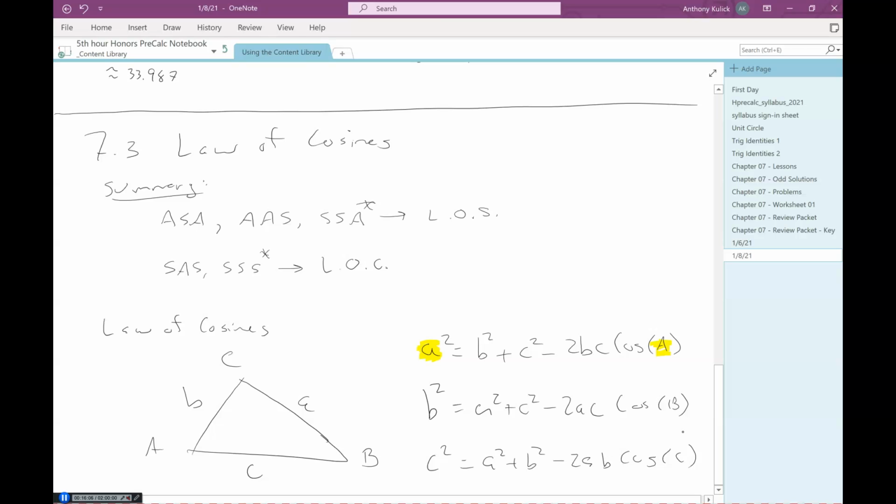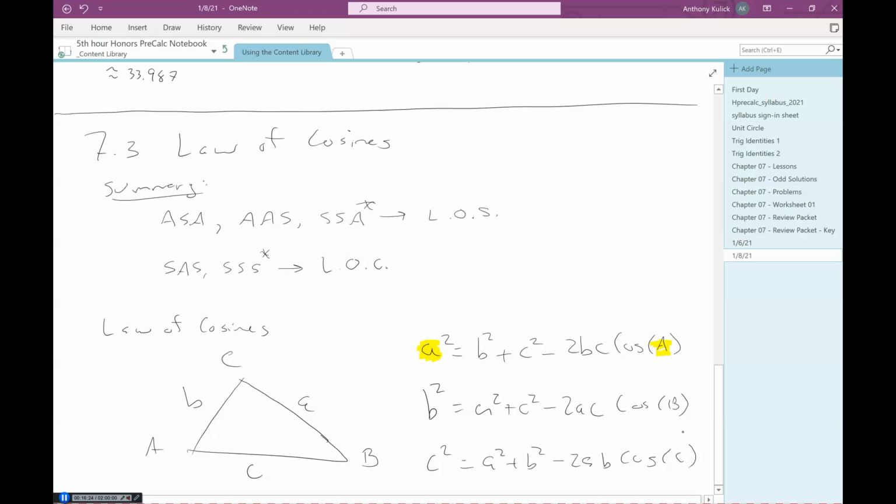If you take a look at this, the law of cosines should look a little bit familiar. It's pretty similar to the Pythagorean theorem, just with a little extra correction factor at the end. That minus the other two sides times cosine is basically our correction factor for not being a right triangle.